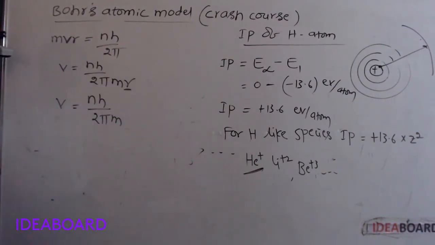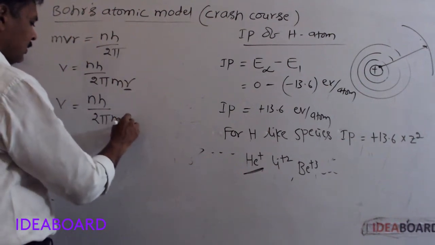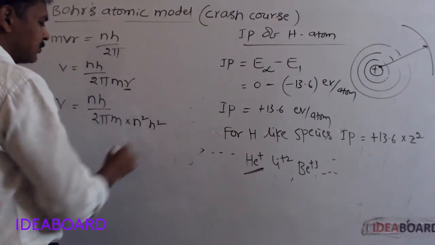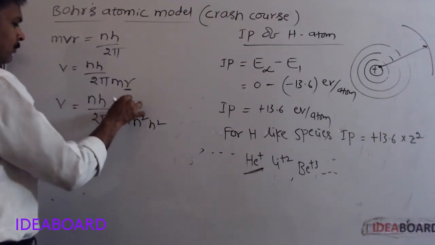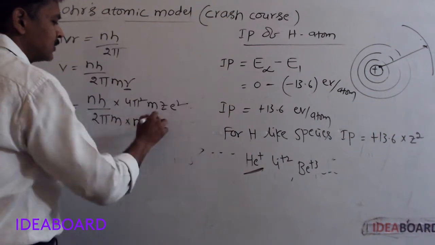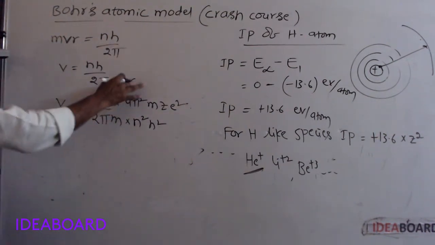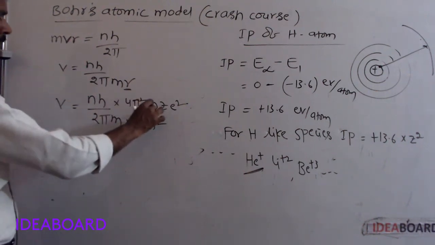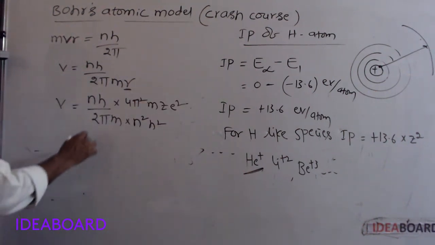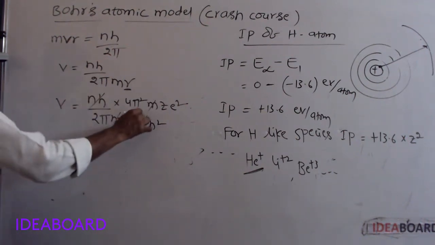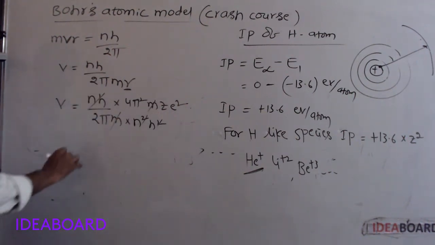This r is the radius of the Bohr orbit of hydrogen. Radius of Bohr orbit formula is n square h square divided by 4 pi square m e square Z in CGS units. m will get cancelled, h square will get cancelled.